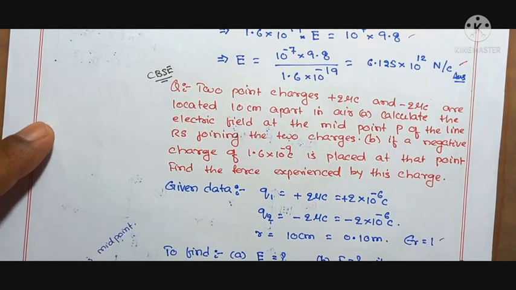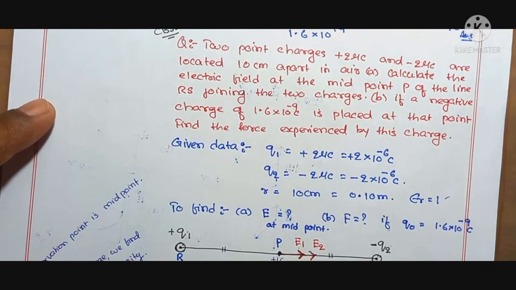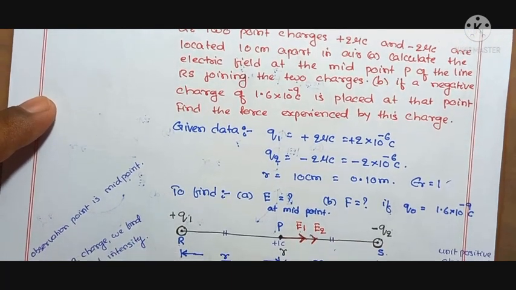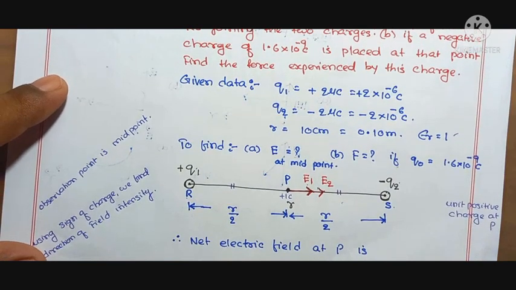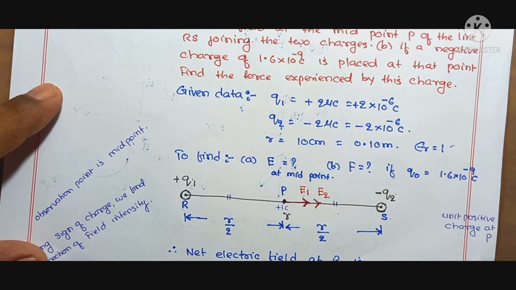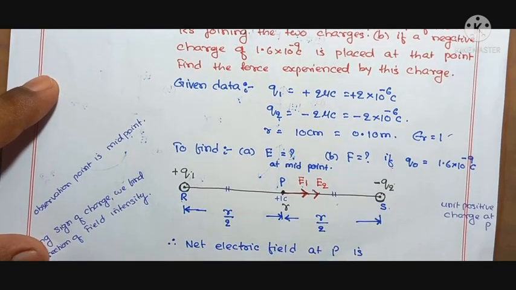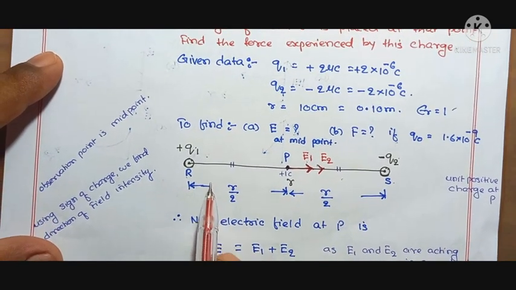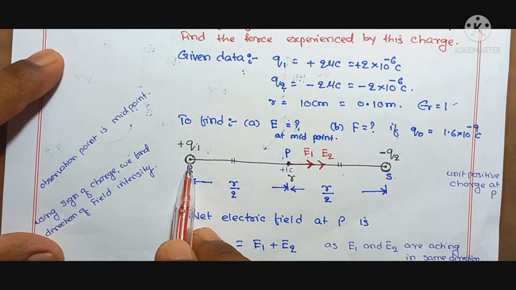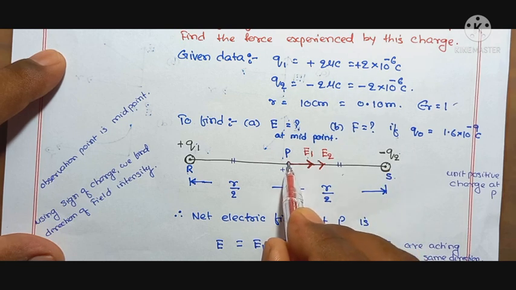Question में दिया है given data, there are two charges, one is positive charge and another one is negative charge, and distance between these two charges is given, and the charges are placed in air, that means relative permittivity is 1. So this is first charge, positive charge, this is second charge, it is negative charge, and electric field we have to find out at the midpoint.